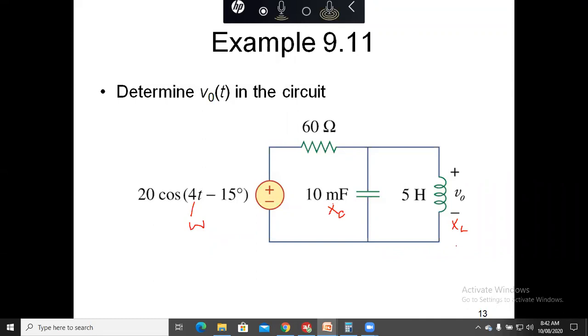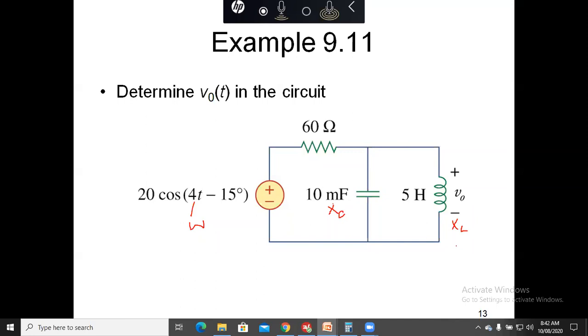The formula for XC is minus J by omega C, and the formula for XL is J omega L, right? So once you calculate, then you calculate the equivalent impedance of the circuit.